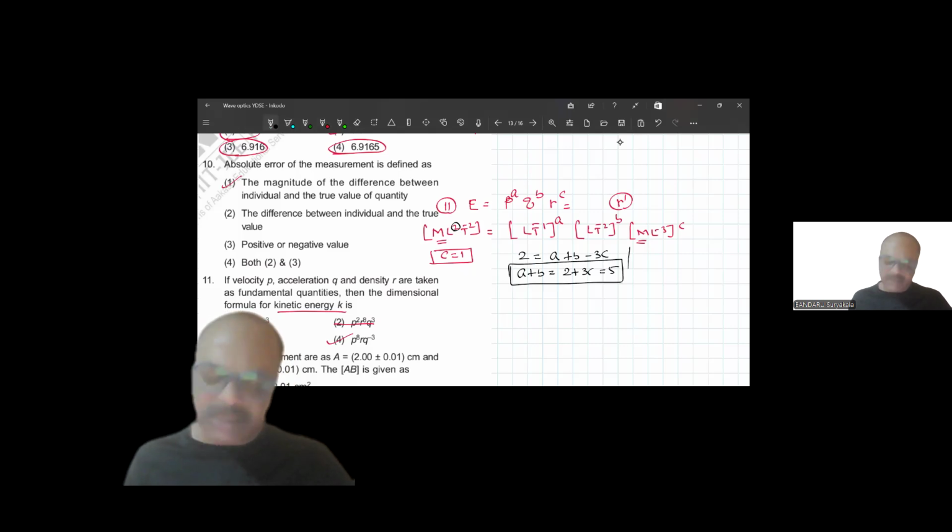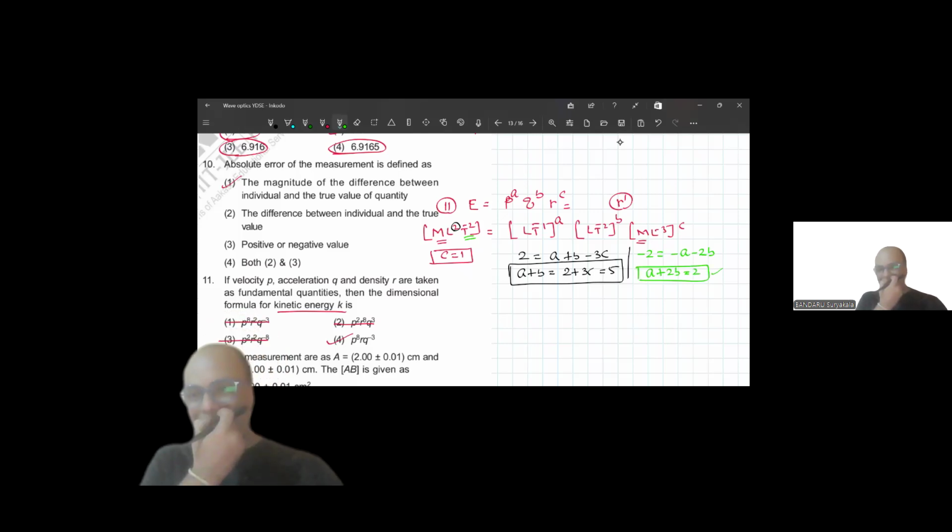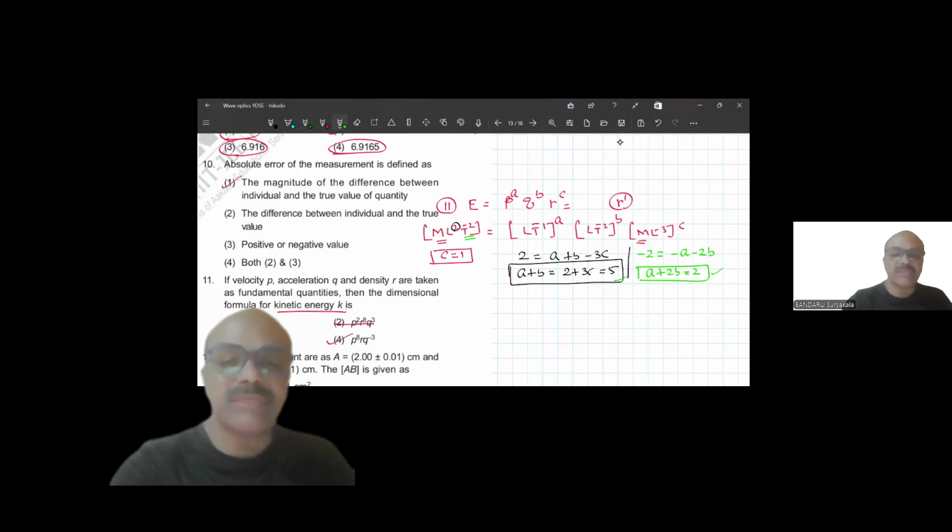And after comparison of the time, the power of time is minus 2. So minus 2 equals minus A minus 2B. Okay. If you multiply with the minus on both sides, A plus 2B equals 2. By solving these two equations, we'll get the correct answer. Okay. So that's the way we can do it.